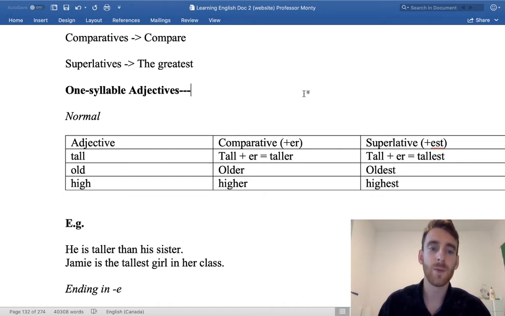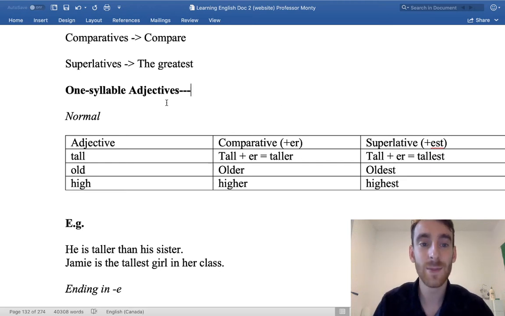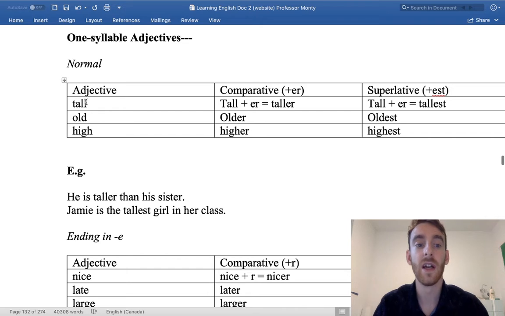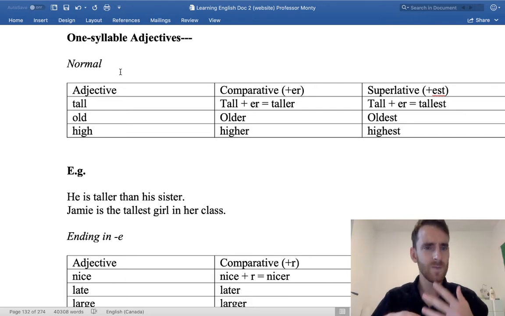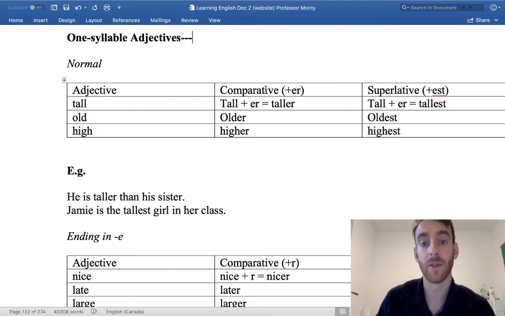Let's start first with adjectives and one-syllable adjectives. Okay, I'm going to put my pens down there. So one-syllable adjectives, guys, here we have tall, right? Tall, that's one syllable, right? Whereas normal, that's two syllables. So the normal one-syllable adjectives, you just add er for the comparative.